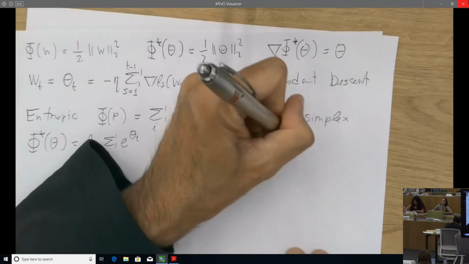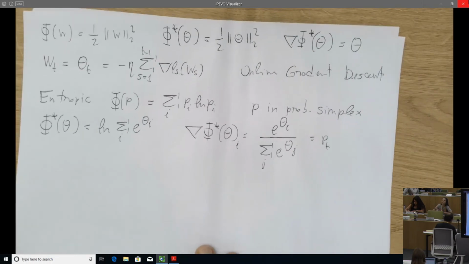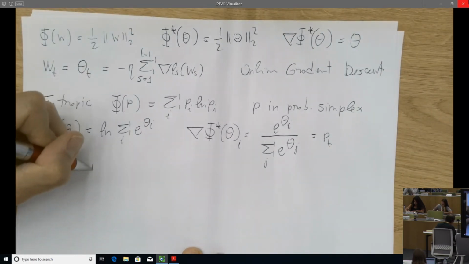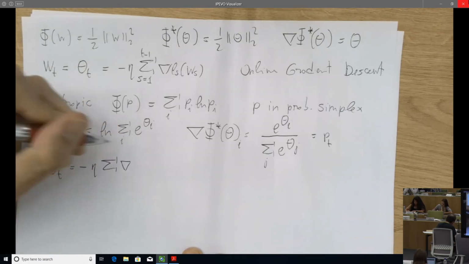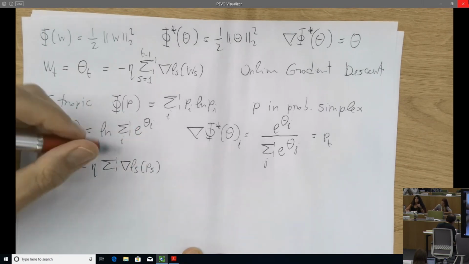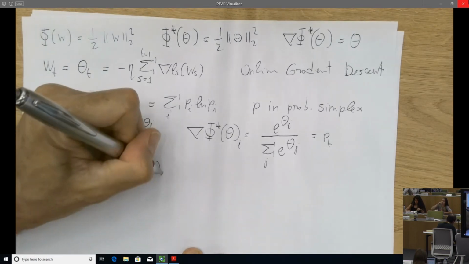You remember, this is my p_t. This looks like a normalized exponential weight, with theta being the sum of the gradients of the losses l_s at p_s. This is the ith component.